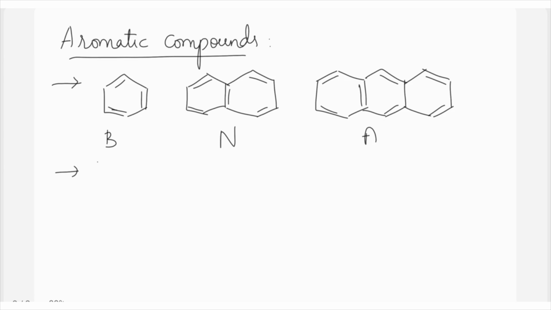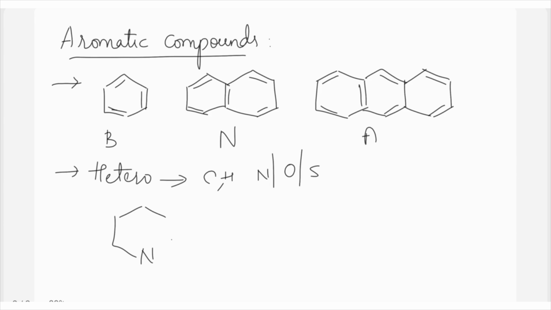Then we have hetero compounds also that show aromatic behavior. Hetero compounds in the sense, apart from carbon and hydrogen, there could be other heteroatoms like nitrogen or oxygen or sulfur. Okay, so let us see examples of them. Pyridine is a hetero compound that has aromatic behavior.